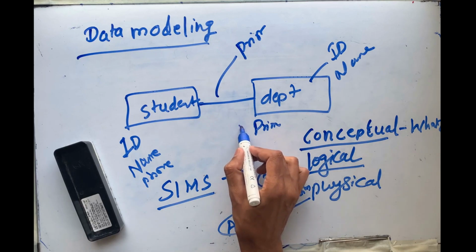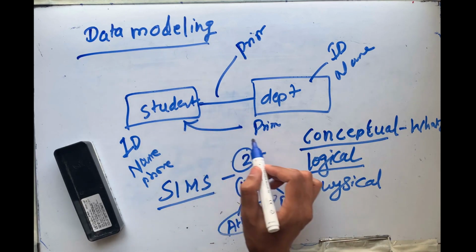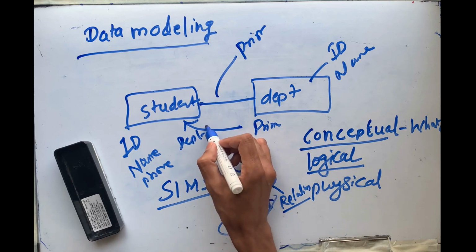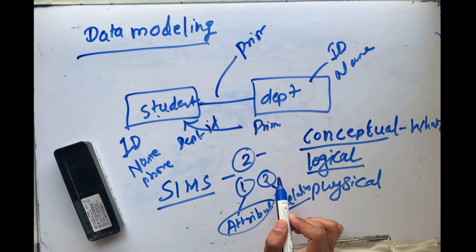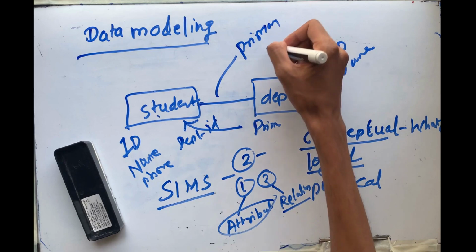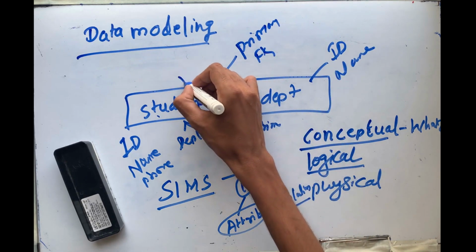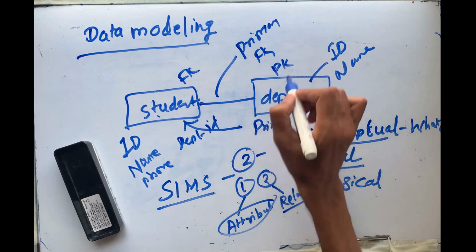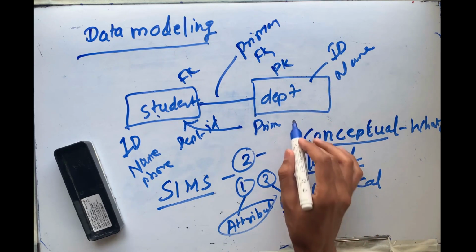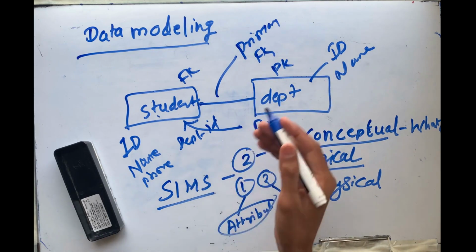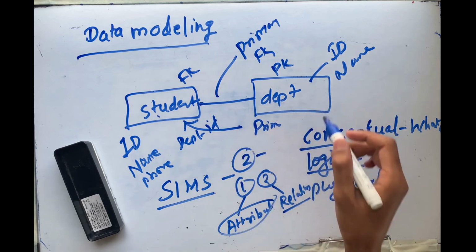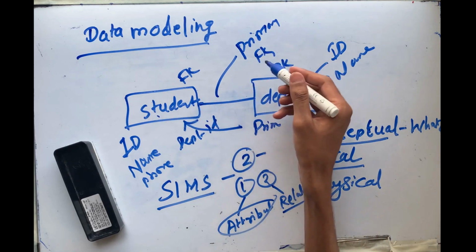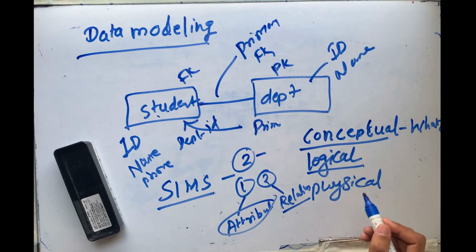Suppose the primary key of the department table goes into the student table as department id, so we can easily identify which department a student belongs to. So the foreign key is in the student table and the primary key is in the department table. We will go through all these concepts like primary key and foreign key in the upcoming session. But for the time being, just keep in mind that there is a primary key, foreign key relationship between them.